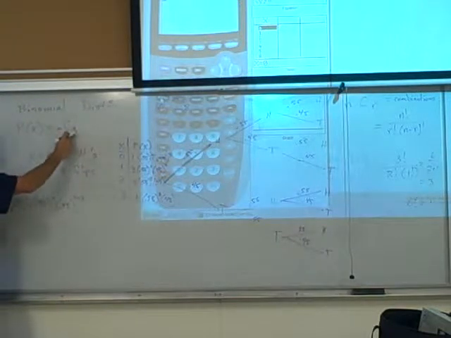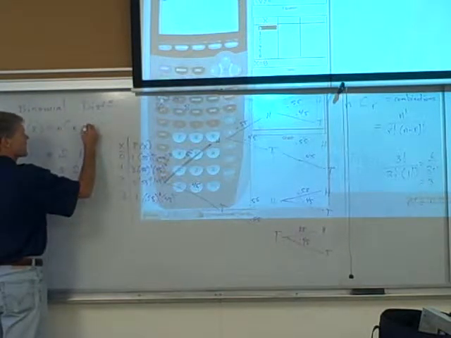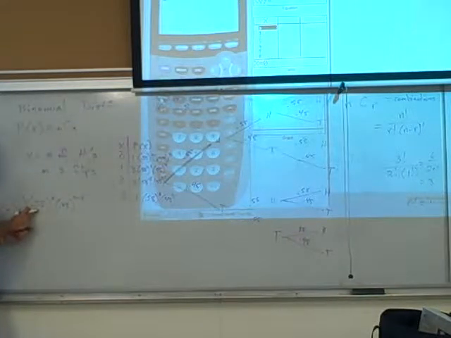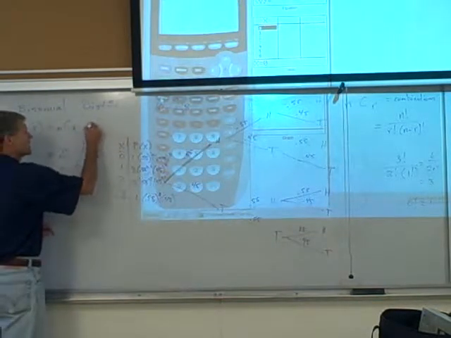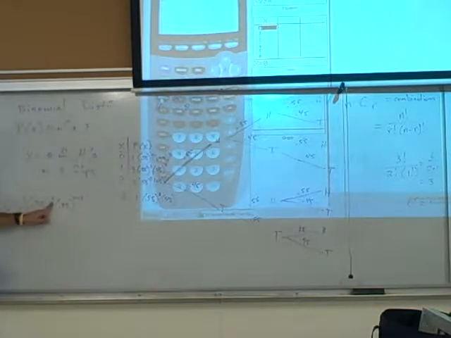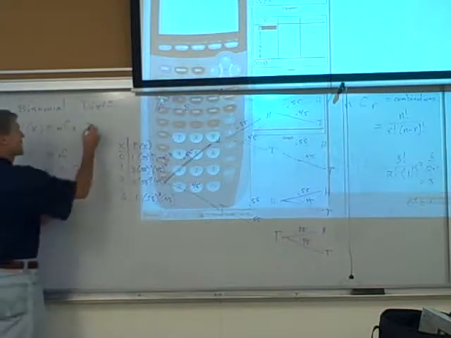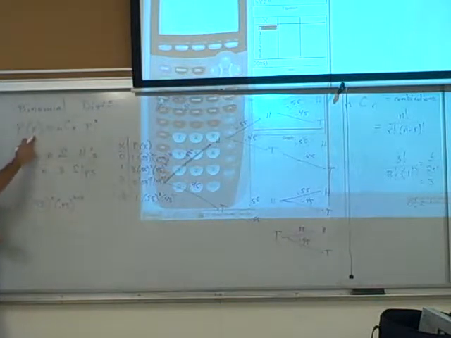So nCx times the probability, where does 0.55 come from? That's the probability of what? Heads on a single flip, right? So we call that p. And then we raised it to what power? The x power, the number that I want the probability of.